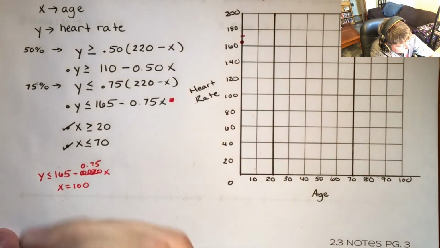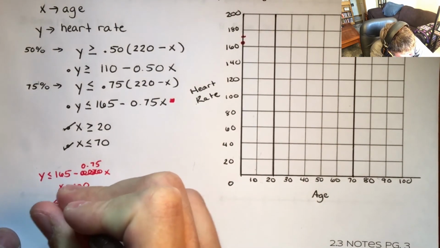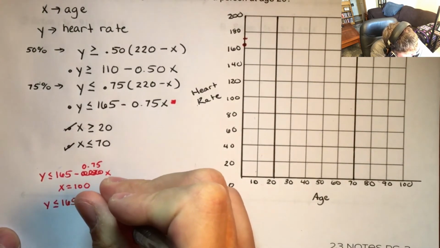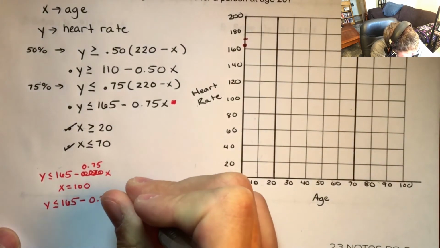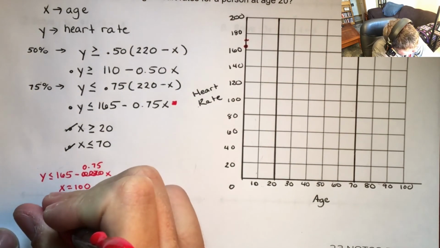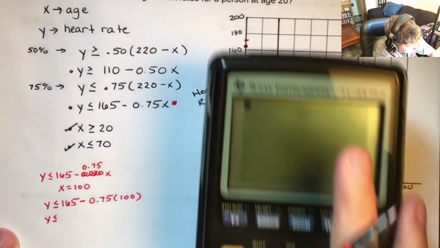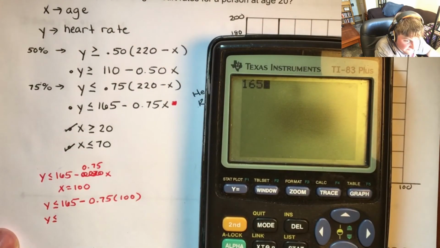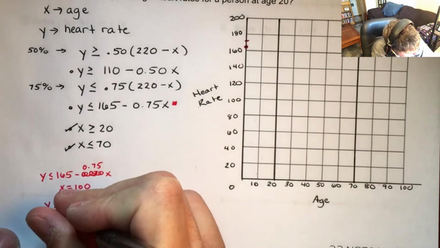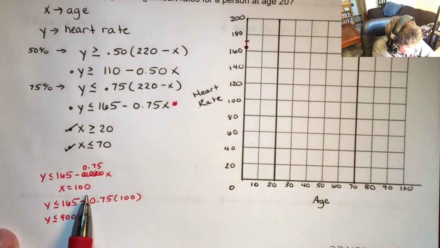So here I have y is less than or equal to 165 minus 0.75 times 100. I can put all this in my calculator: 165 minus 0.75 times 100, and that's 90. So now I have this ordered pair, x is 100, y is 90.